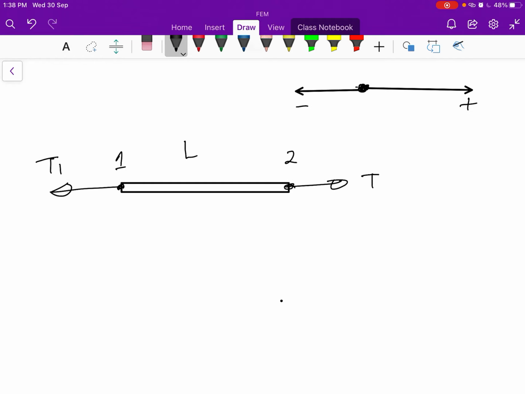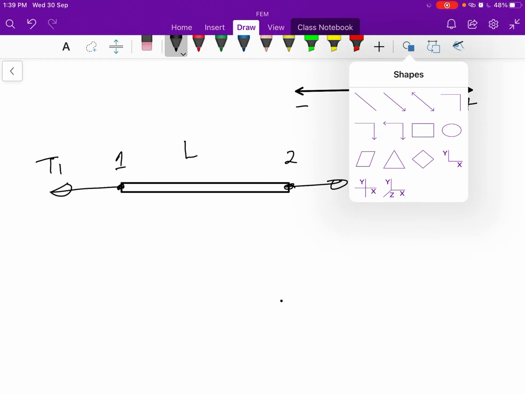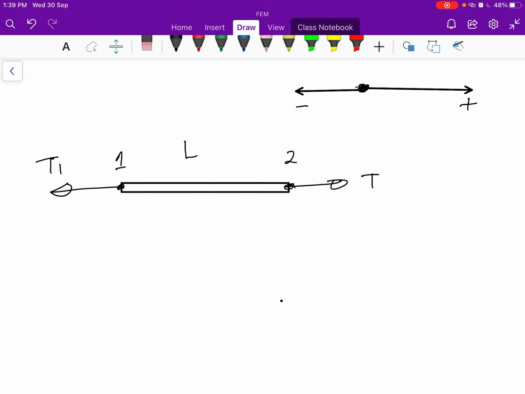Because of this tensile force at the two ends, the bar element which was earlier of length L, now its length would increase, and let's say that the total length now is L dash.